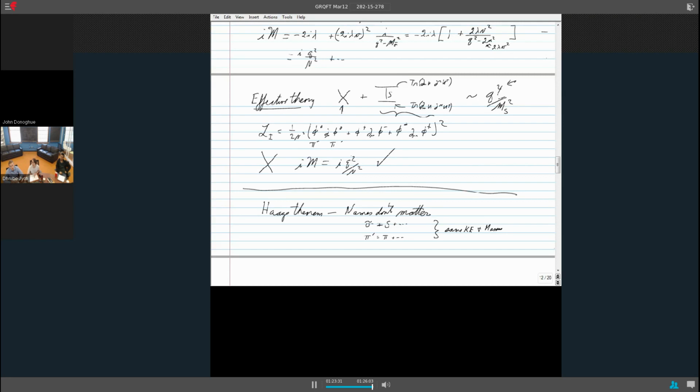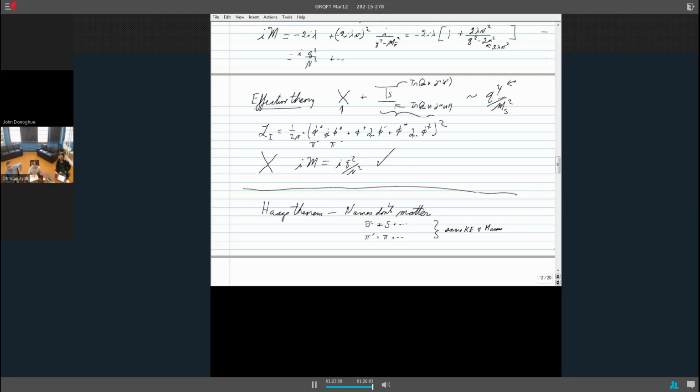All right. So let's just make a comment or two and stop here. Basically, you can see that either of these two theories give me the same answer. I could rewrite the Lagrangian this way and get that answer. I could keep the Lagrangian in this original form and get the same answer.